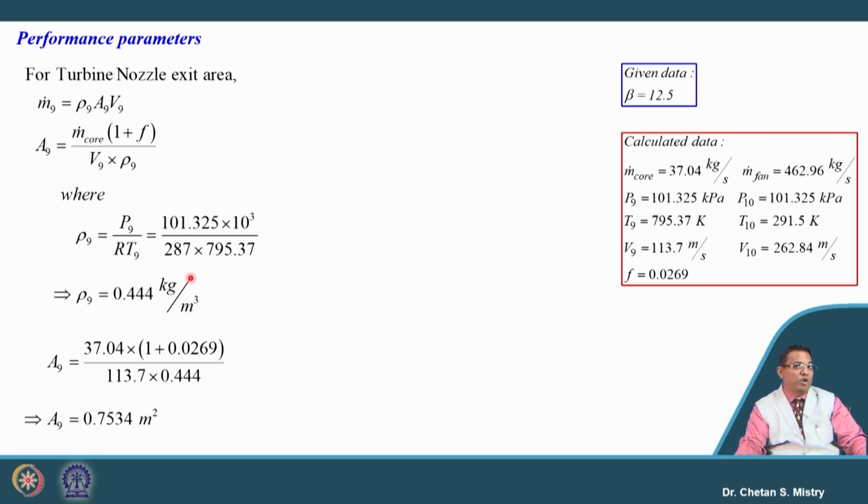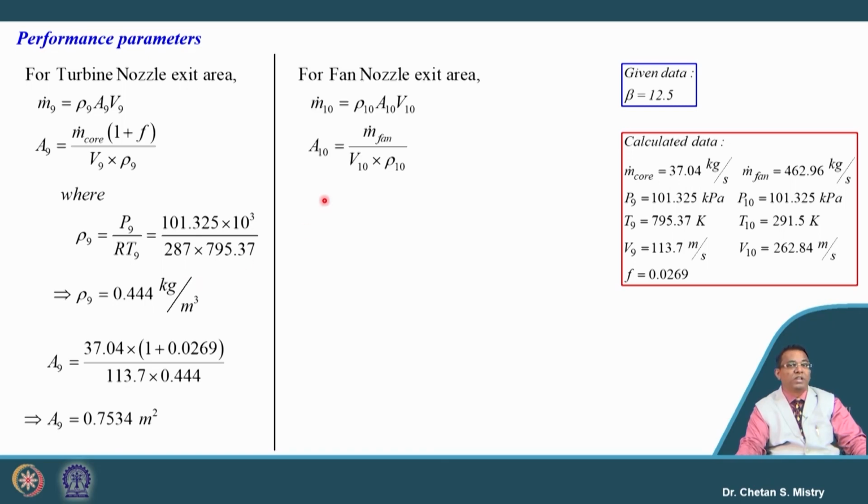Same way you can do your calculation for the fan. What will be the change? My mass flow rate will be m dot fan. So, let us put this: m dot fan is density into area into velocity. M dot fan is known to us, this rho 10 is unknown.